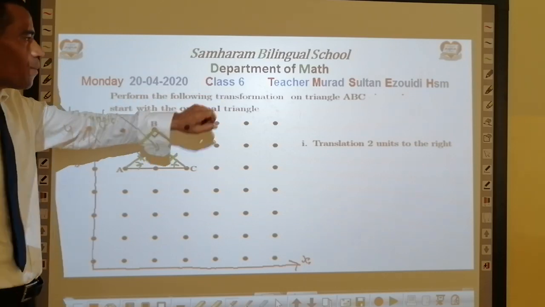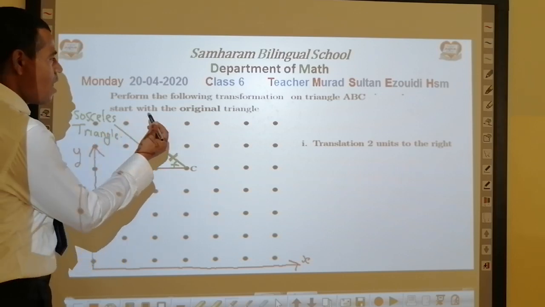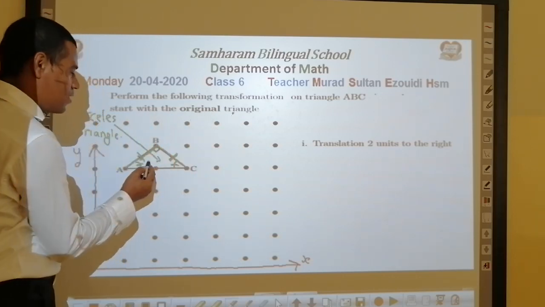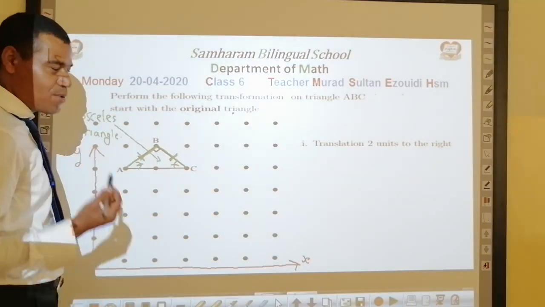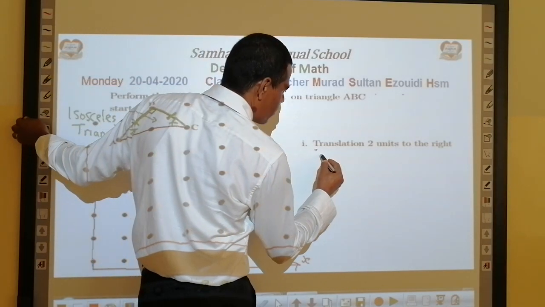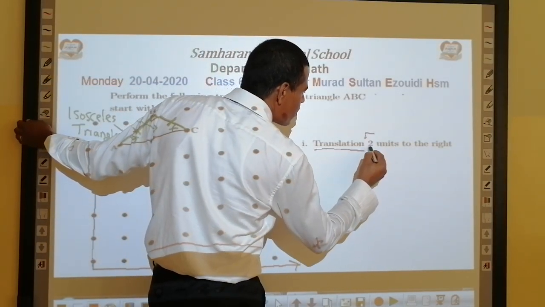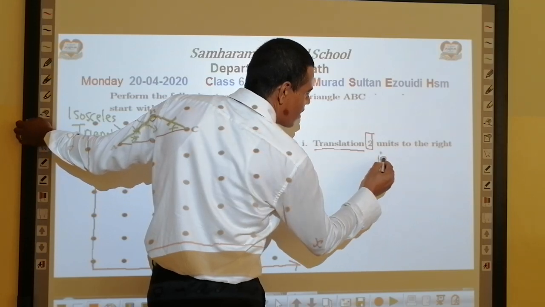Perform the following transformation on triangle ABC. Start with the original triangle. This one, ABC, is my original triangle, or the object. What is the question? Translation 2 units to the right in the x direction.